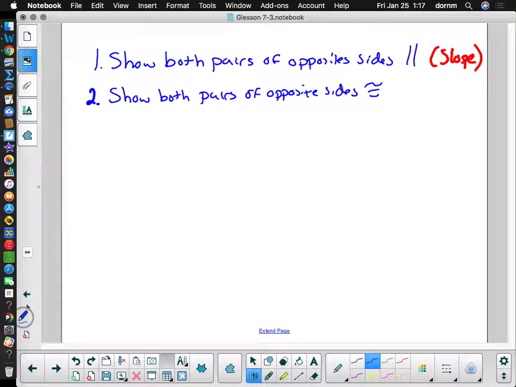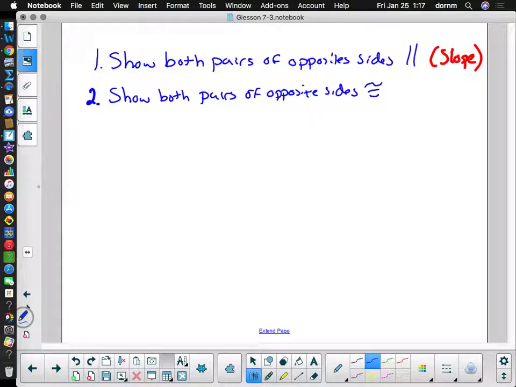How would I do that in the coordinate plane? How do I show that parts are congruent in the coordinate plane? We did this with triangle congruence. How did I show congruent sides? What formula did I use to show congruence? Which formula measures length?